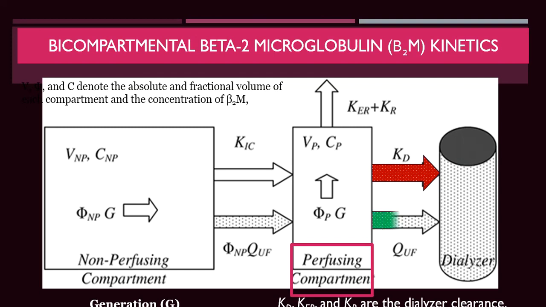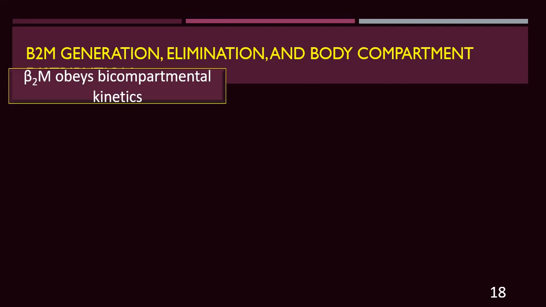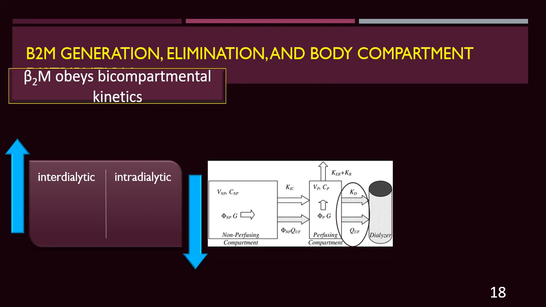So dialyzer clearance and the ultrafiltration rate both increase the removal of beta-2 microglobulin, while the non-perfusing compartment in the tissue is very slow. So beta-2 microglobulin has bicompartmental kinetics, inter- and intradialytic compartments, and dialyzer clearance and the ultrafiltration rate increase the removal.